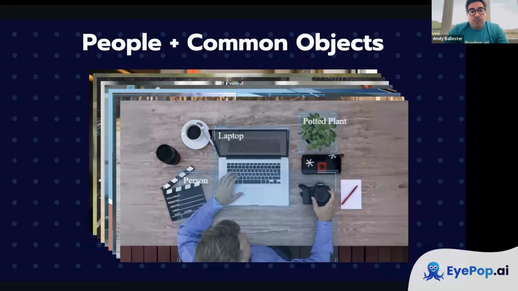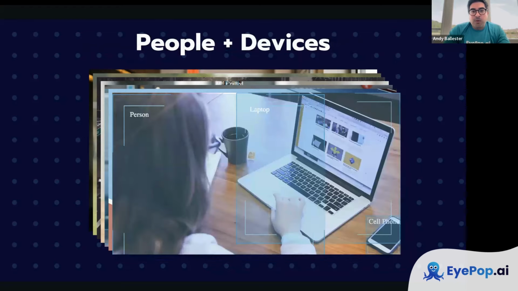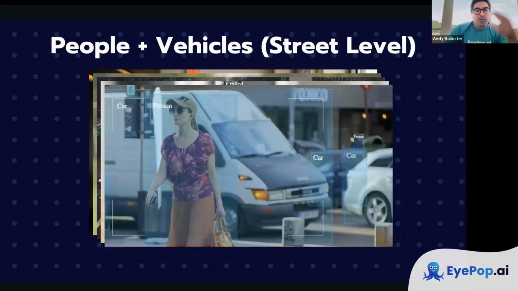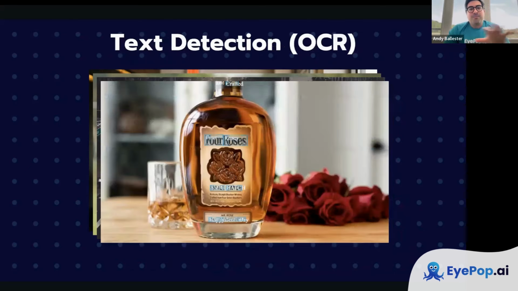People and common objects. This is a great starter pipeline to understand what is in your video or images. People and animals, people and devices, people and sports equipment, vehicles at the street level, text detection. This one, I'll stop and pause here. This one's excellent for finding products in real world.